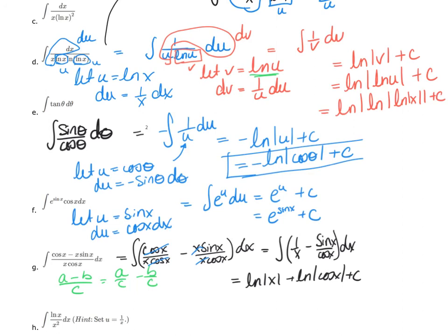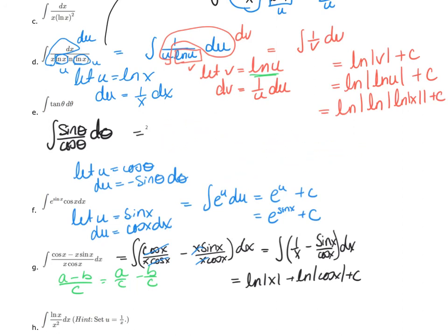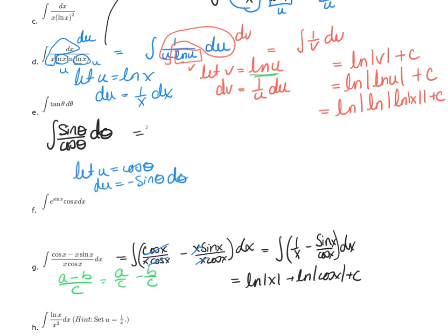So I'm going to go back up here to this one, and I had the sine theta over cosine theta. And typically, like I said before, I like to use the denominator as my u. So I'm going to let u equal my denominator. My du then is going to be negative sine theta d theta. So this becomes u, and this part here becomes a negative du.